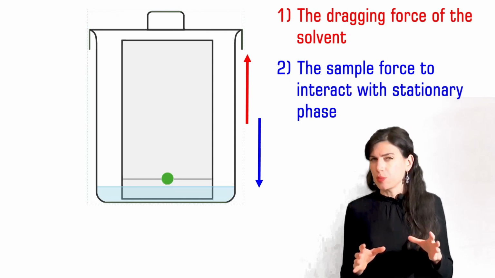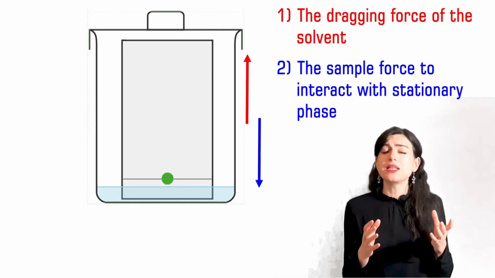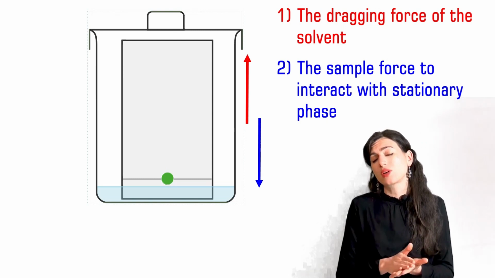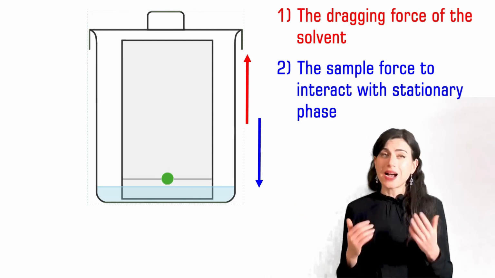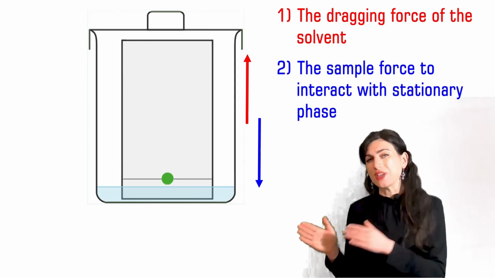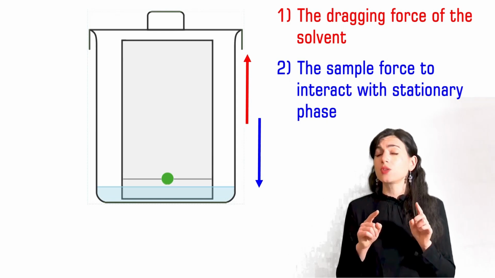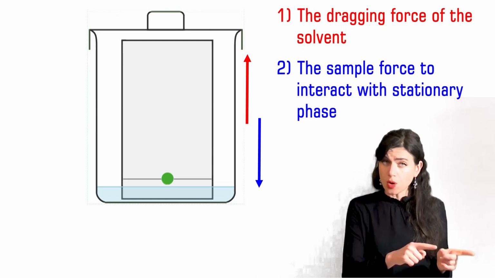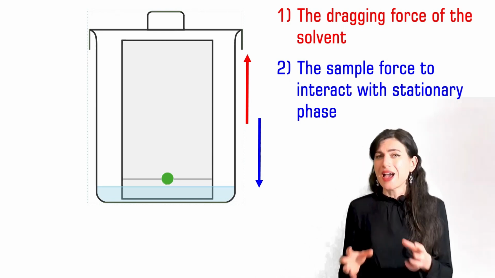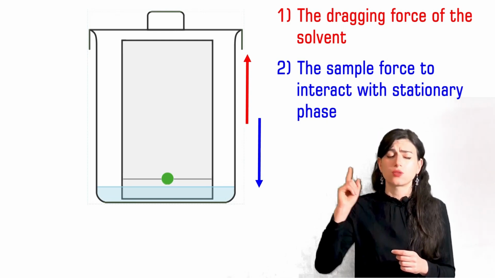So our poor sample tends to cling to the stationary phase, but its ability to do so depends on its polarity, as we are typically dealing with polar stationary phases. The more polar the sample is, the more it will interact with the polar stationary phase and resist the threats of the solvent to carry it to the top.